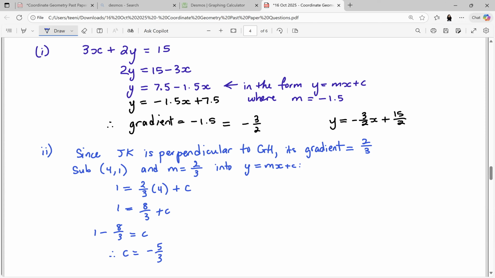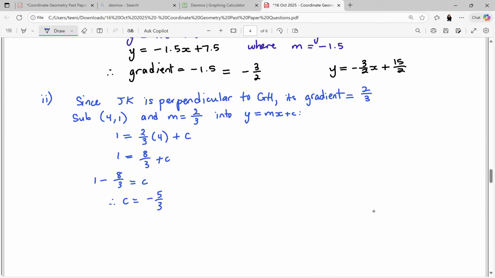All right. Therefore, the equation of JK would be given by y equals 2/3 x minus 5 over 3.